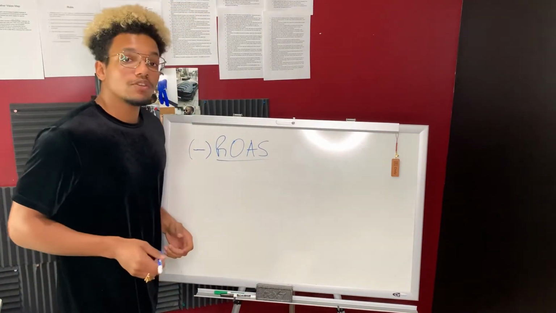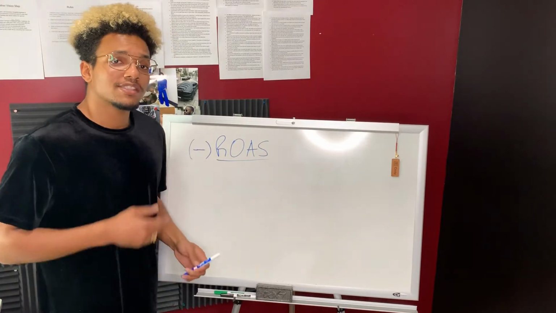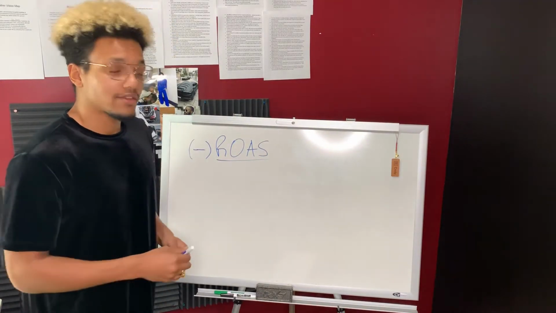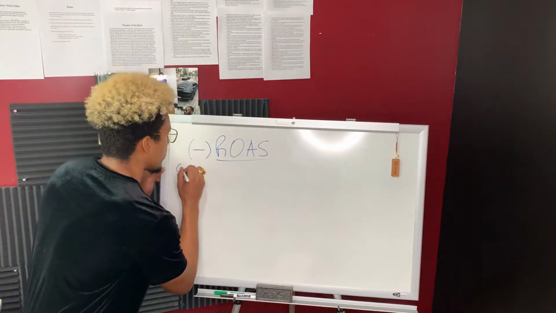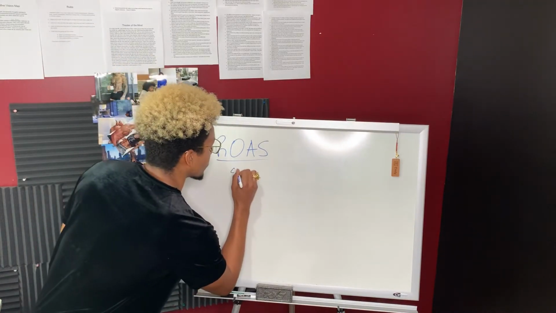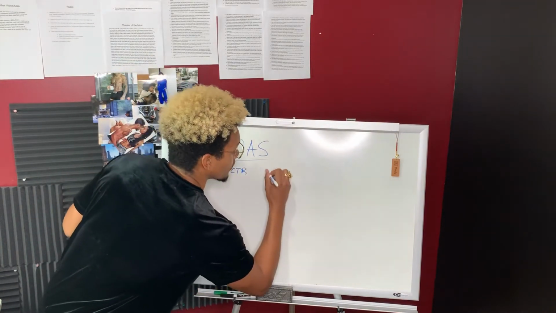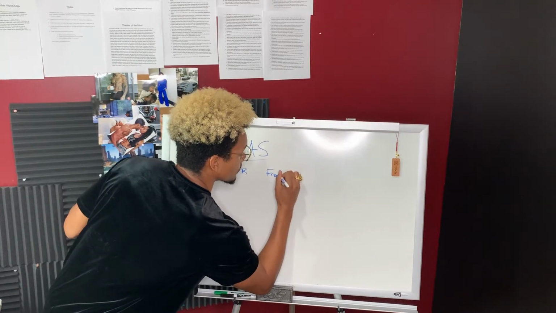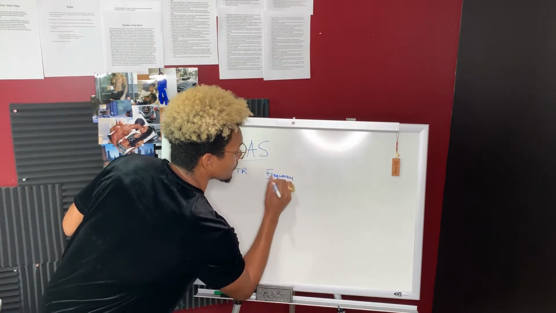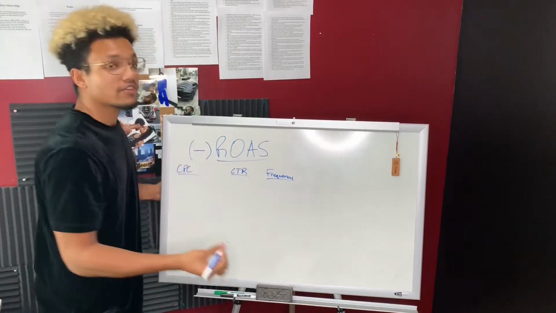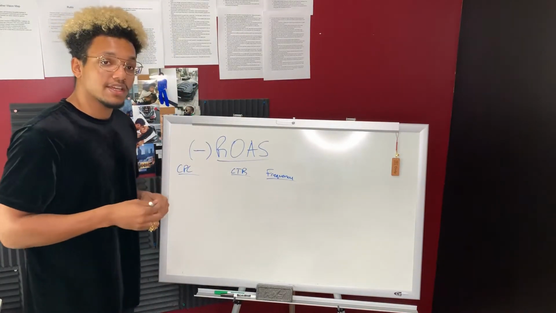So first thing you want to do is go into your ads manager and set up your columns so that you can see these three things: your cost per click, your click-through rate, and your frequency. If you're not familiar, let's go through what exactly these are.